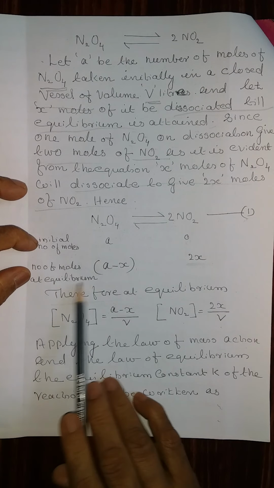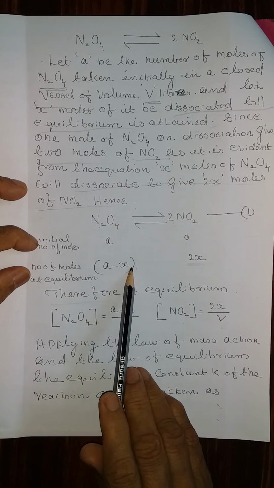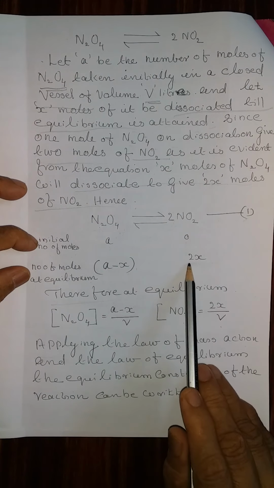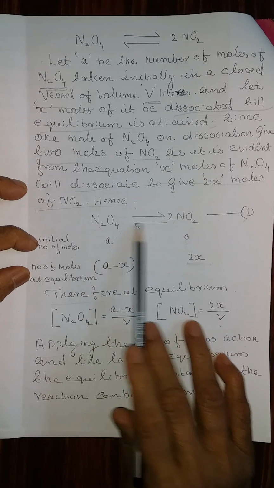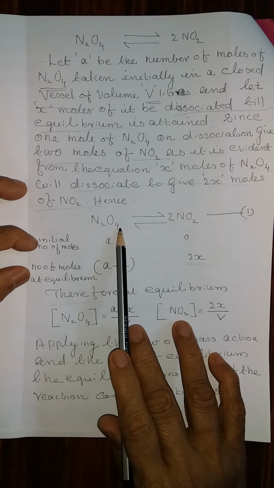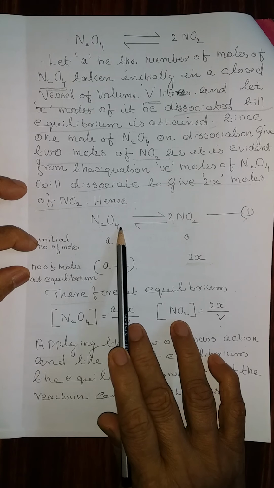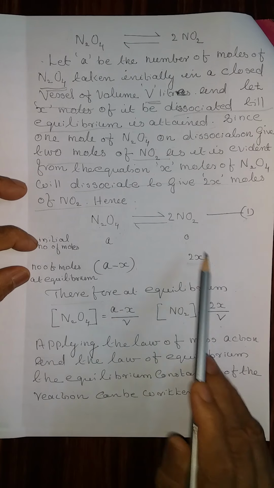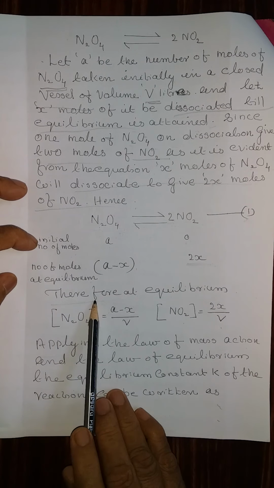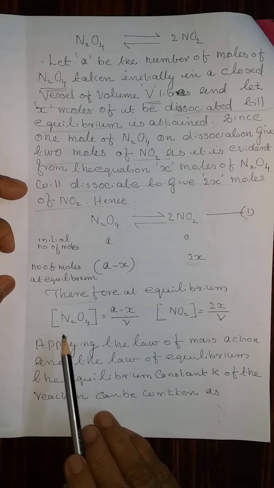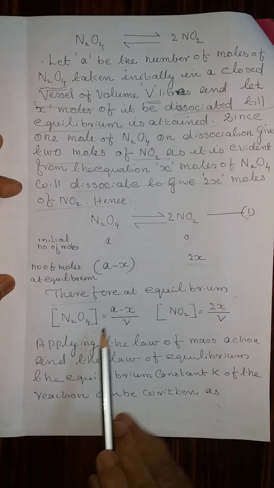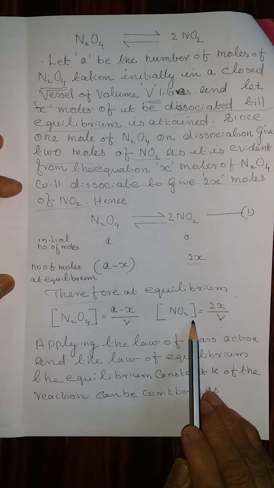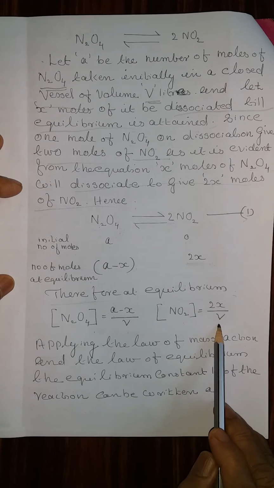The number of moles at equilibrium is a minus x for N2O4, and 2x for NO2, since 1 mole of N2O4 gives 2 moles of NO2, so x moles will give 2x moles of NO2. Therefore, at equilibrium, the concentration of N2O4 is (a minus x) by V, and the concentration of NO2 is 2x by V.